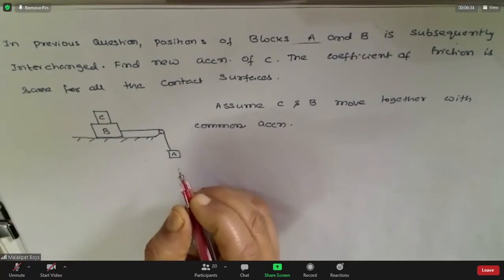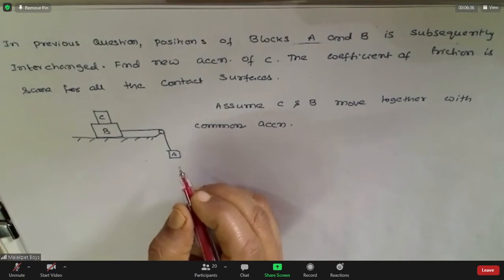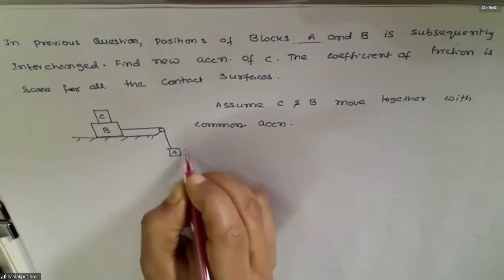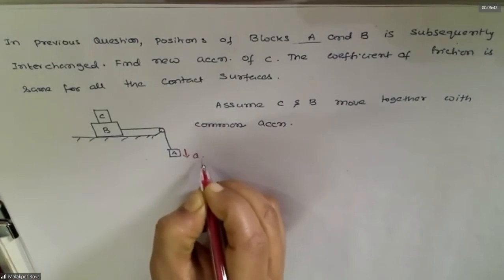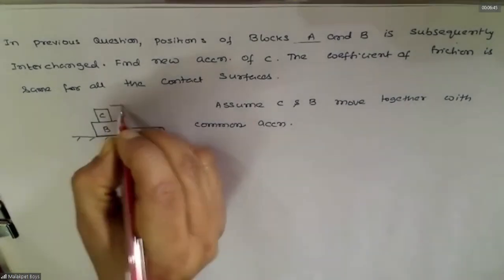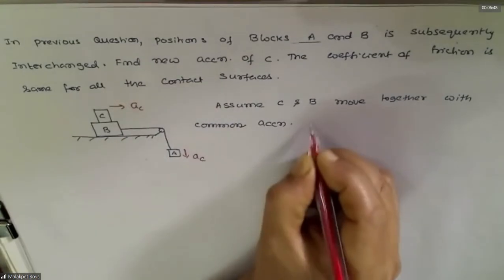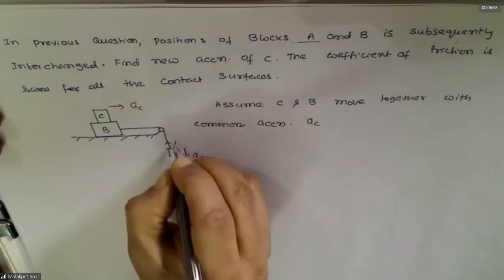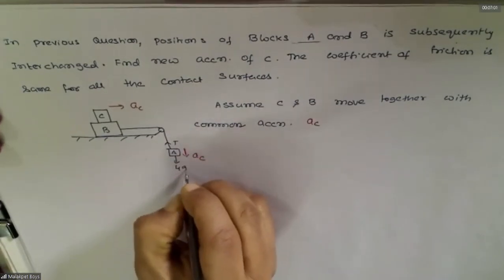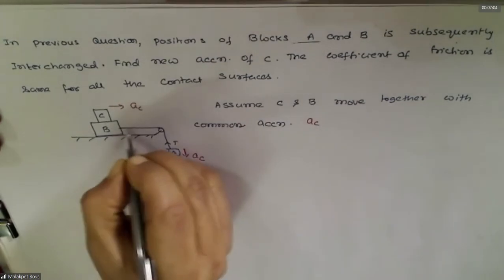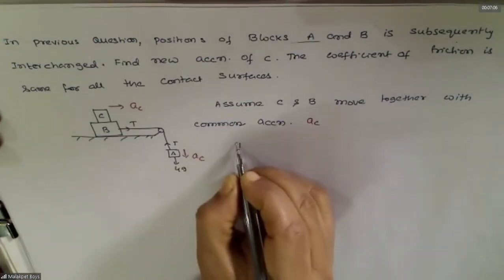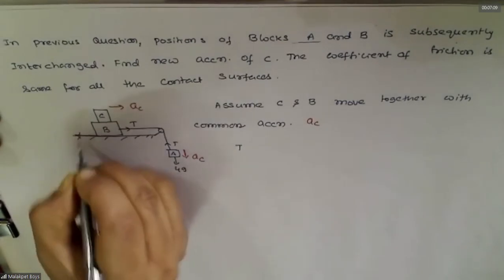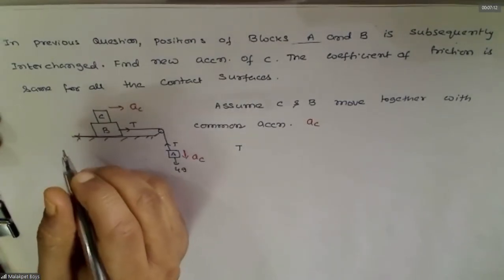Mass of A is given, 4 kg. Let's assume that they move with a common acceleration. Now you can frame the equations. So here you have tension, 4g. This is the tension. So T equals the frictional force. Do you agree with this or not? Agreed, sir.